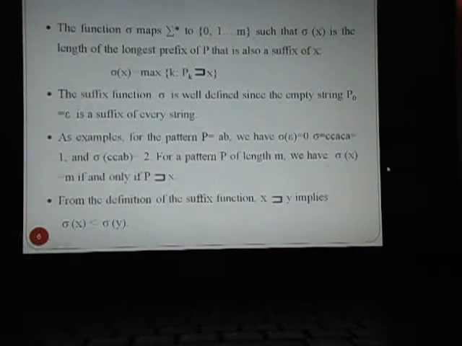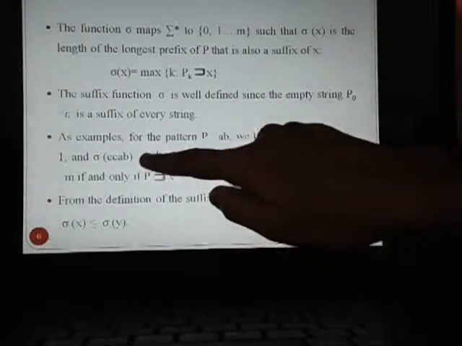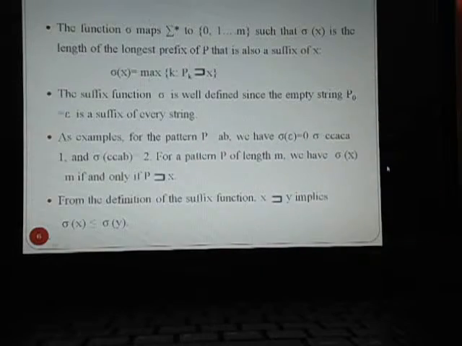And for another example, if the string is ccab, then we move to the second state. This is because the suffix of the string, that is AB, matches the prefix of the given pattern.